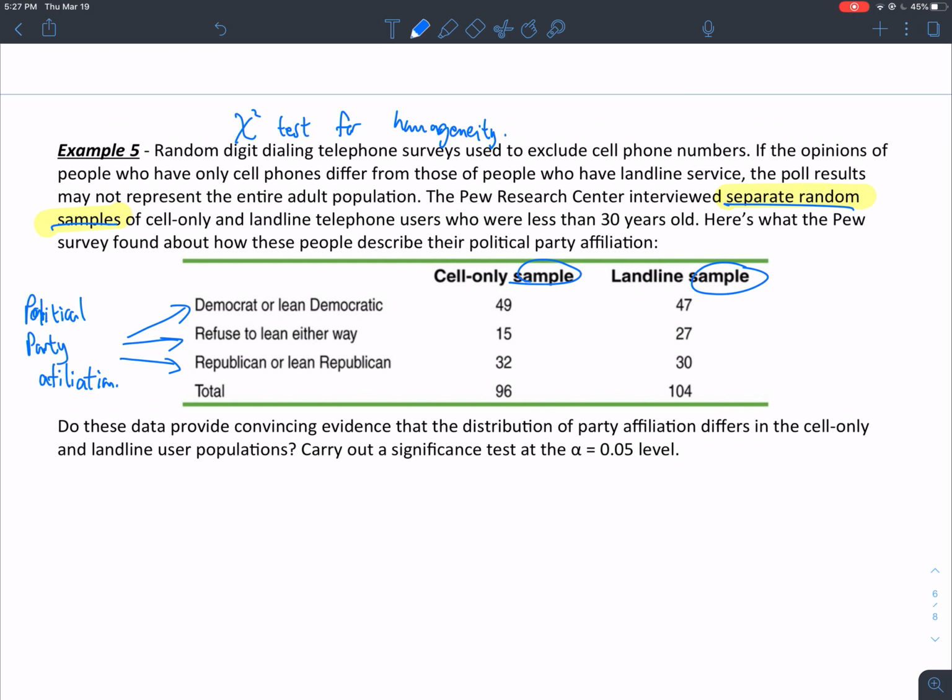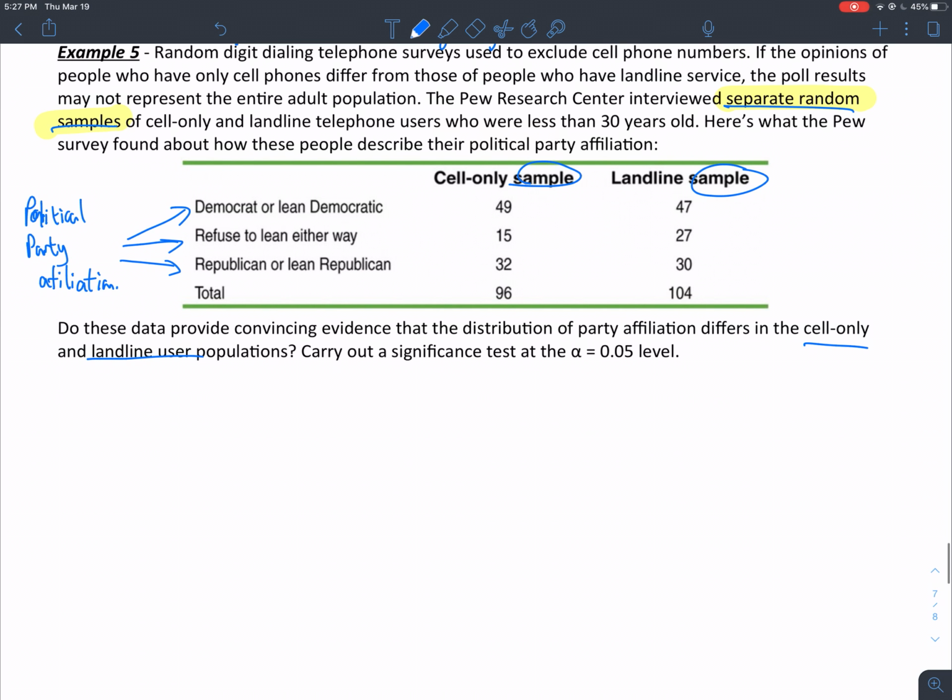So, do these data provide convincing evidence the distribution of party affiliation differs in the cell-only and landline user populations? Carry out a significance test. All righty then. Let's crank through that whole thing, okay? So, state, we will perform a test of the following hypotheses.